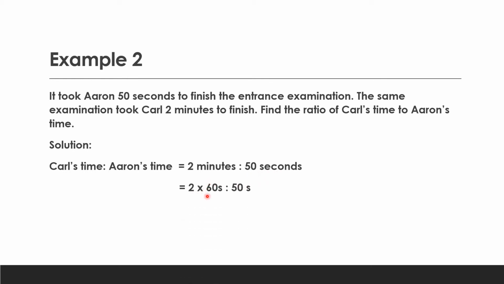Remember, there are 60 seconds in 1 minute. So 2 times 60 is to 50 seconds, that means 120 is to 50. If we reduce that to the lowest term, that will become 12 is to 5. So the ratio of Carl's time to Aaron's time is 12 is to 5.